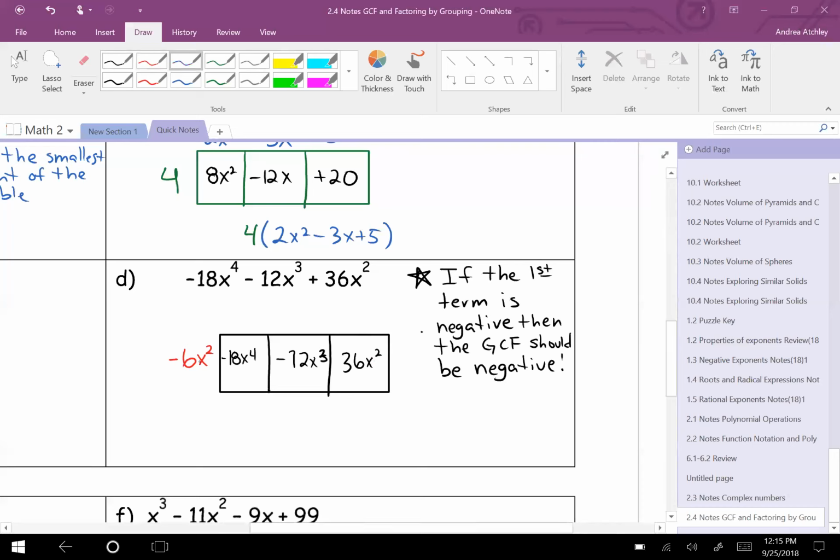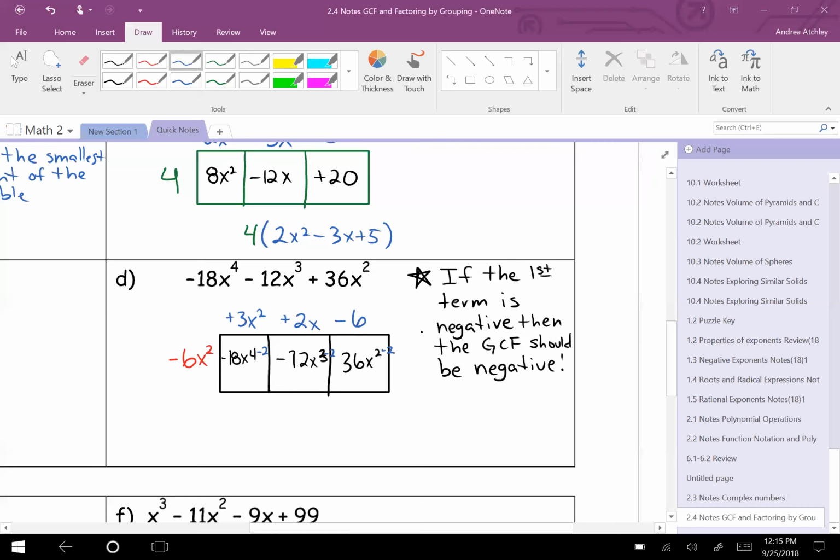So negative 18 divided by negative 6 is positive 3. I take away 2 and I get x squared. So 3x squared is the first term. Negative 12 divided by negative 6 is a positive 2. I subtract this and get x. And then 36 divided by negative 6 is a negative 6.